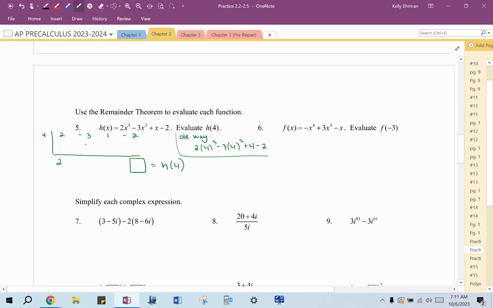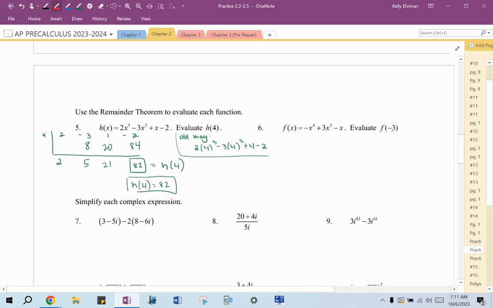So drop down the 2, multiply, add, multiply, add, multiply, add. So h of 4 is 82. I'm not going to check it with the old way, but you could double check. 2 times 64 minus 3 times 16 plus 4 minus 2 should also be 82.